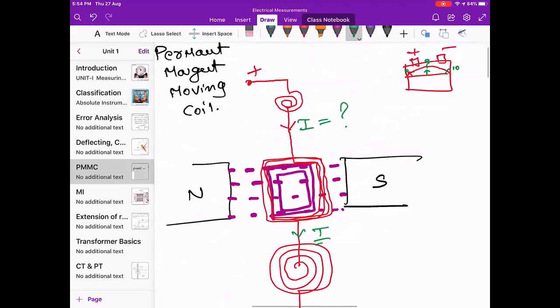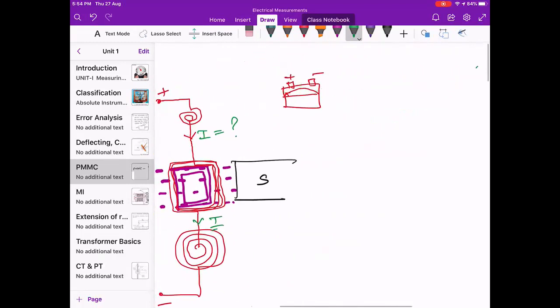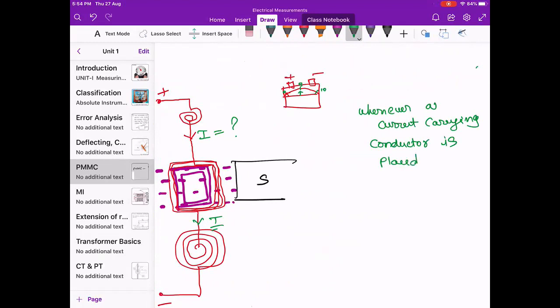But how does that movement come about? There is a principle here. Whenever a current carrying conductor is placed in a magnetic field, it experiences a force.